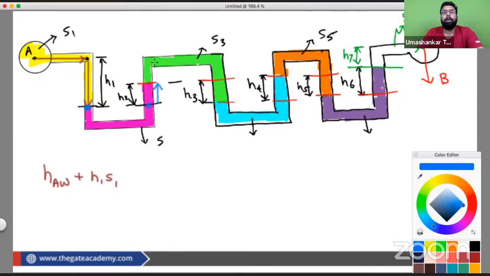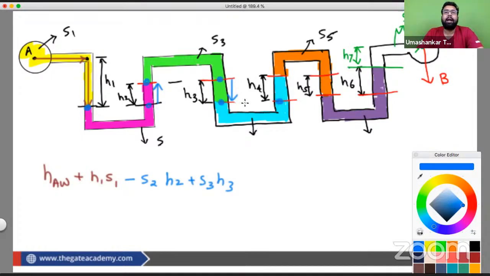Now from this point we are moving upwards, so we have S2H2, and moving upwards is the negative direction. Now from this point to this point we can directly jump; again we are moving downwards, so plus S3H3.